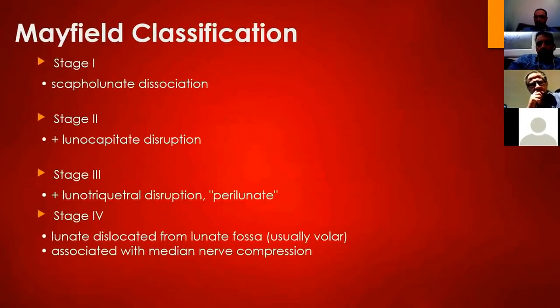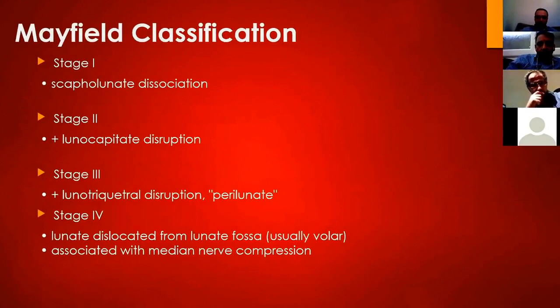You don't need to remember the classification, but for completeness, it is divided into 4 stages. Stage 1 is scapholunate dissociation. Stage 2 is scapholunate dissociation plus lunocapitate disruption.